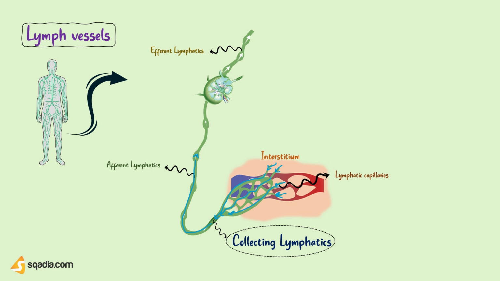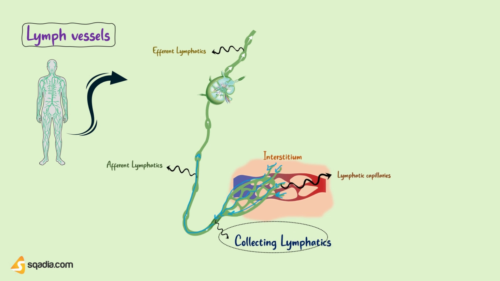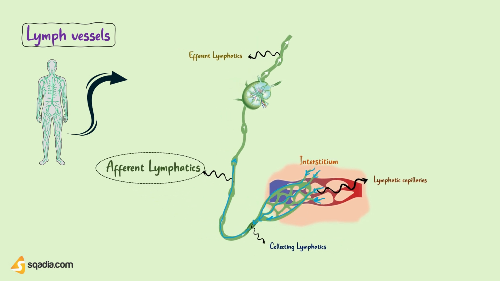Collecting vessels collect lymph from more than one lymphatic capillary and feed into afferent lymph vessels running behind major blood vessels. These are very important and critical vessels, as they ensure the entrance of lymph into larger lymphatics.